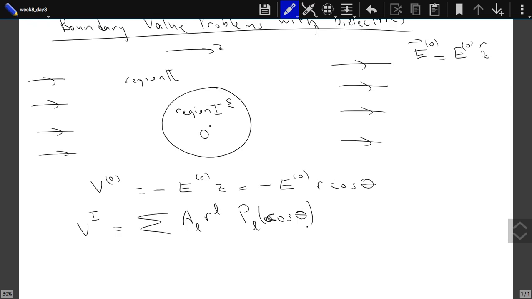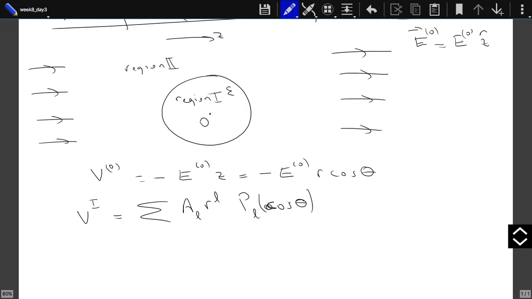Well, of course, in spherical coordinates, the general solution of the Laplace's equation also has this BL over R to the L plus 1, but the potential has to be finite at R equal to 0. So that term cannot appear. Now, of course, this is the solution of the Laplace's equation inside.